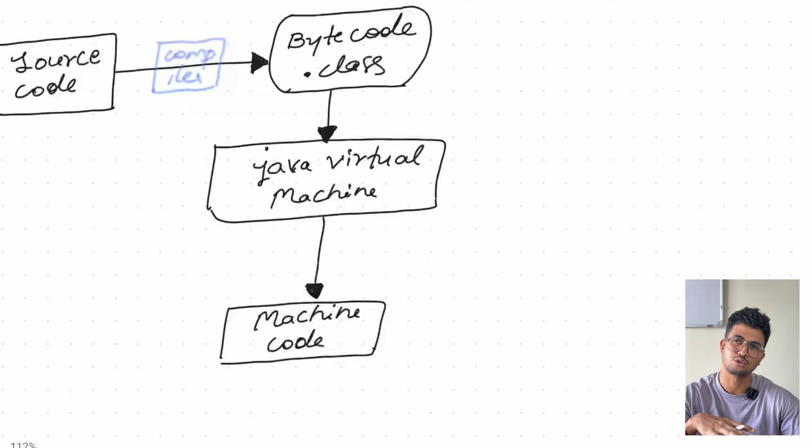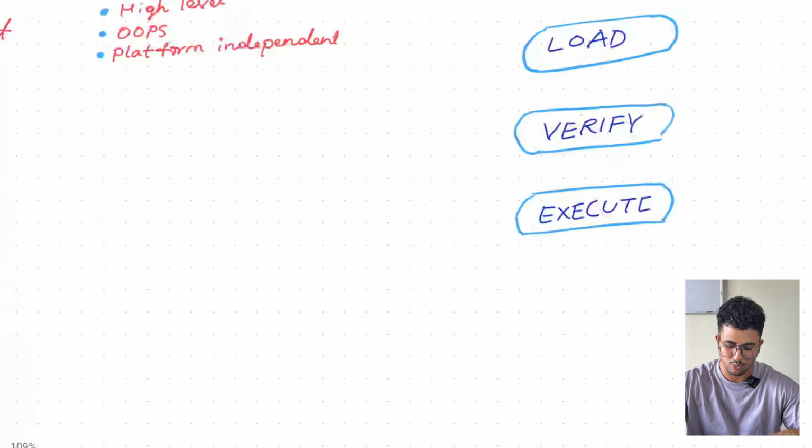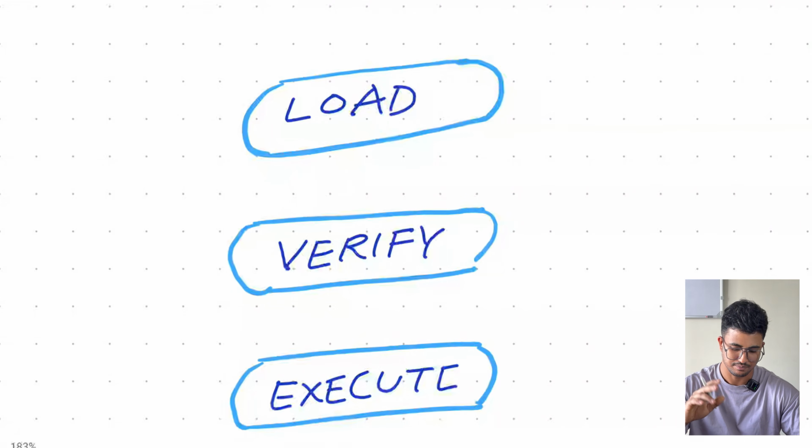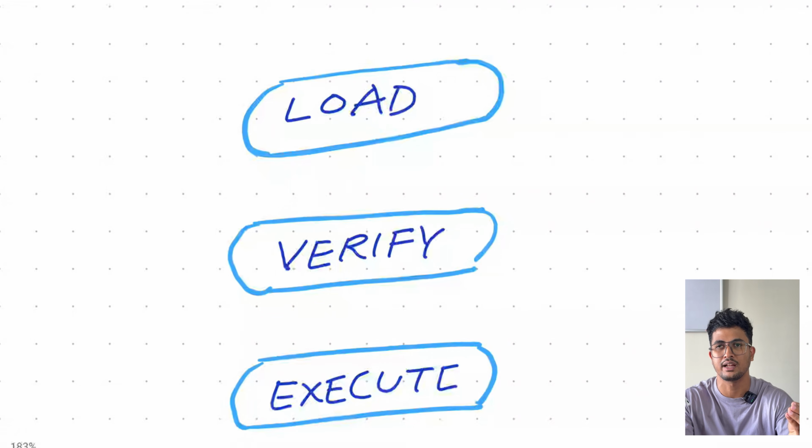So the journey from source code to machine code has to go through JVM. Let's understand how load, verify, and execute work in JVM. In general, this is the main functionality of the JVM. This has to happen, only then can we get the desired output from the code we have written.